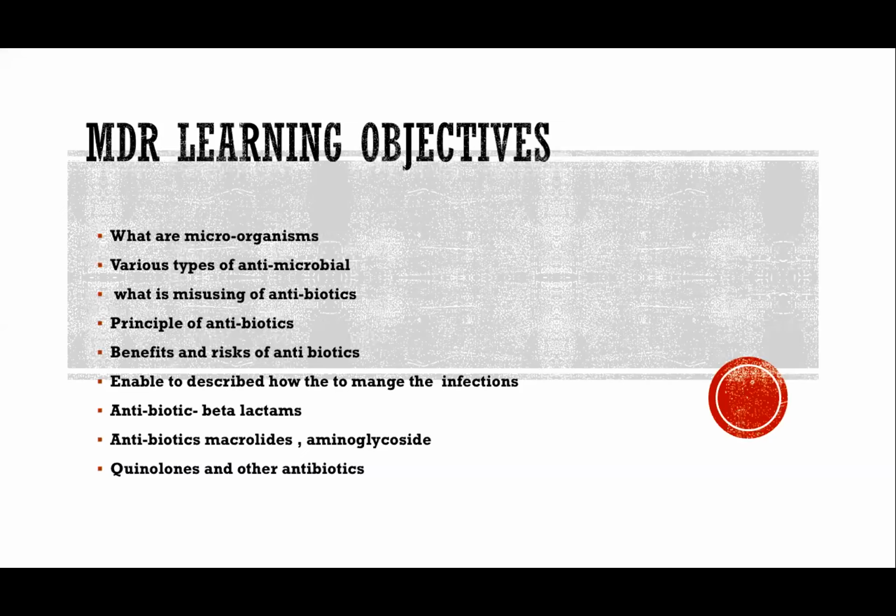In this part of the course, the outline is that we are going to talk about the microorganisms, various types of antimicrobials, what is misuse of antibiotics and the principles of antibiotics, the benefits and risks of antibiotics, and also how to manage the infection.